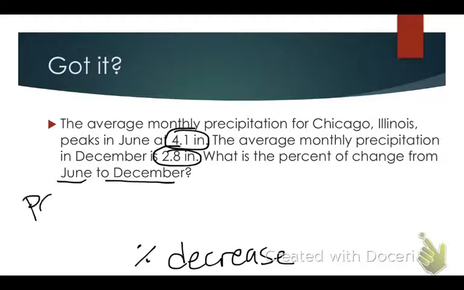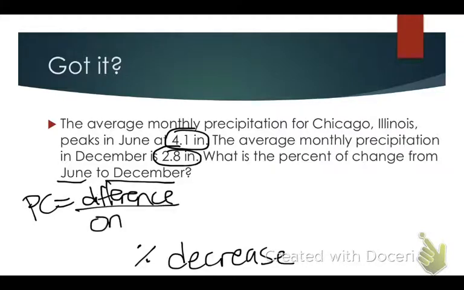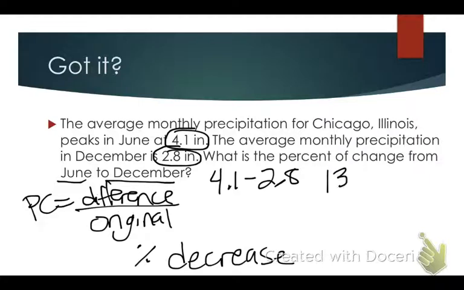So my percent change is the difference between the two divided by the original. So the difference between 4.1 and 2.8 is 1.3. And I'm going to want to divide that by the original amount.